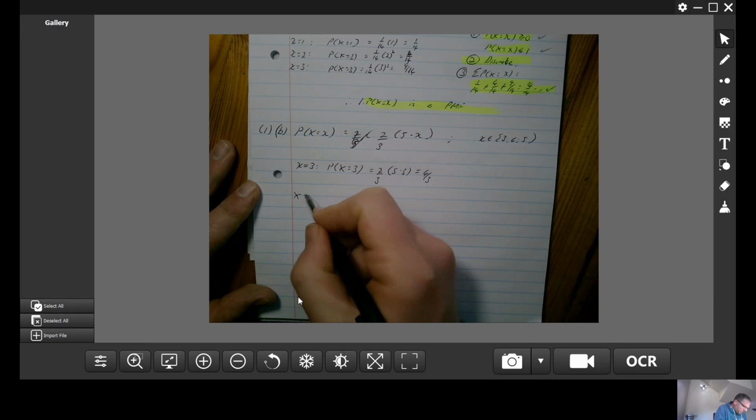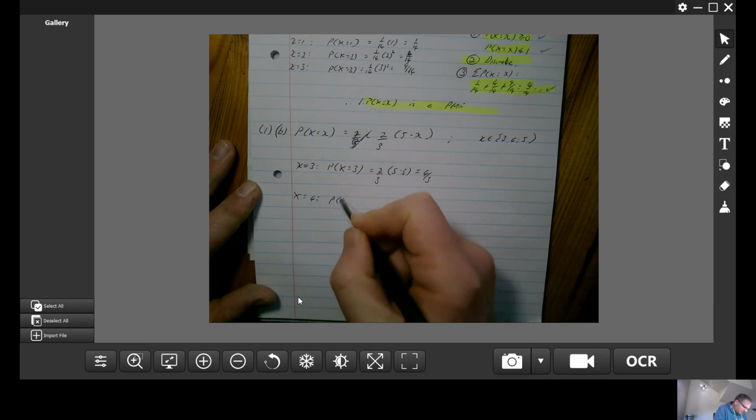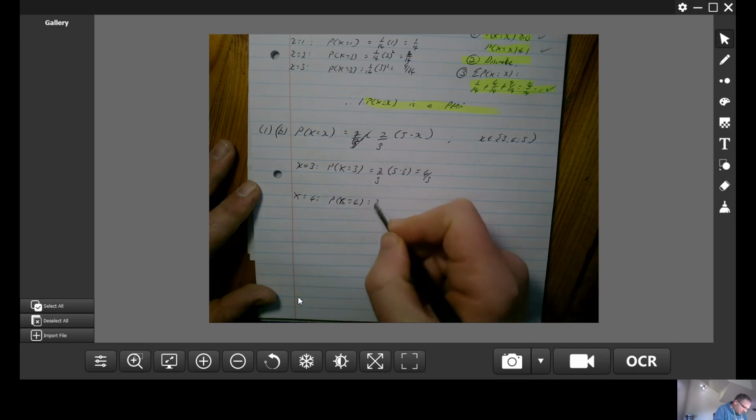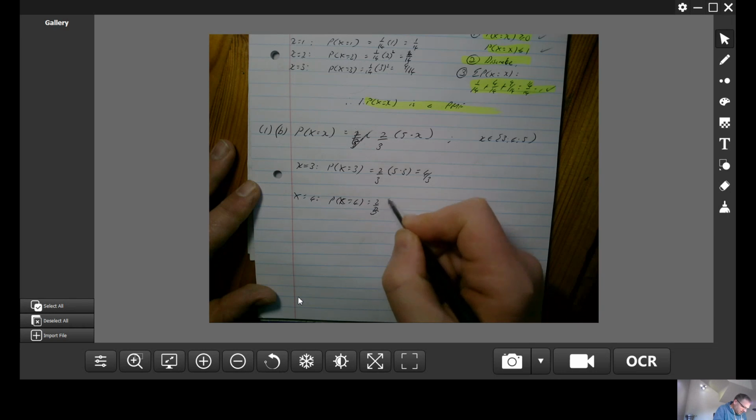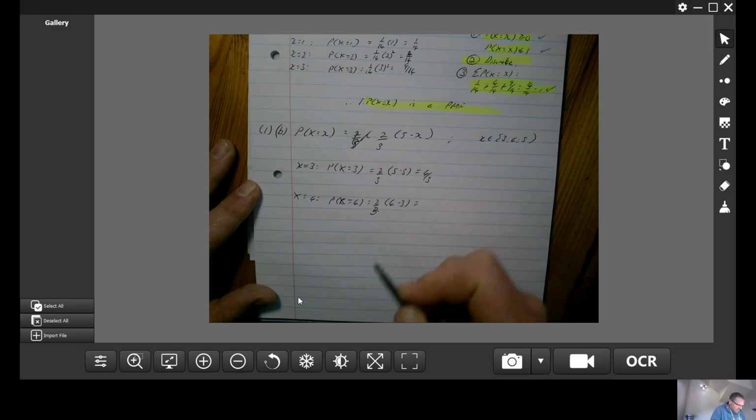If x is equal to 4, probability x equal to 4 is 2 over 3 times (5 minus 4). Okay, we'll stop, pause.